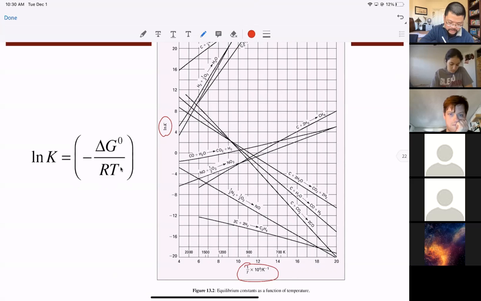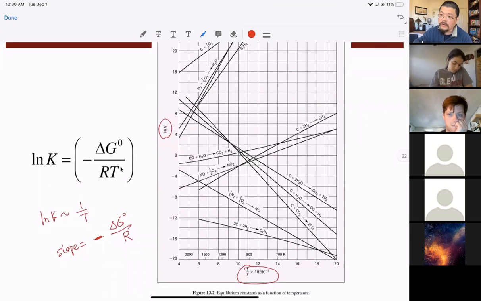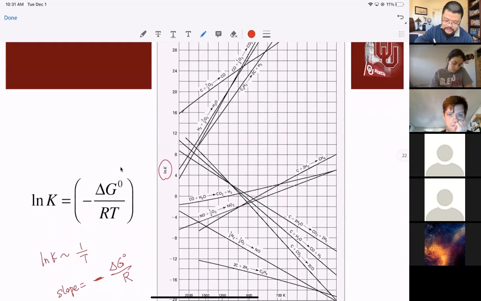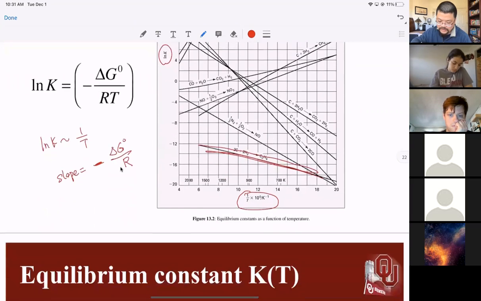If you plot log K over 1 over T, then this slope should be negative delta G naught over R. Okay. So if you are going to have the exothermic or endothermic reaction, then you would have this as a positive slope, or you are going to have this as a negative slope. Okay. Everything is possible.